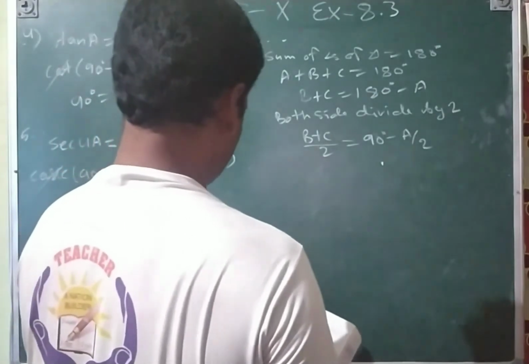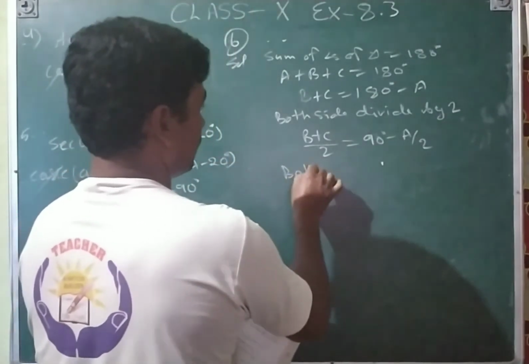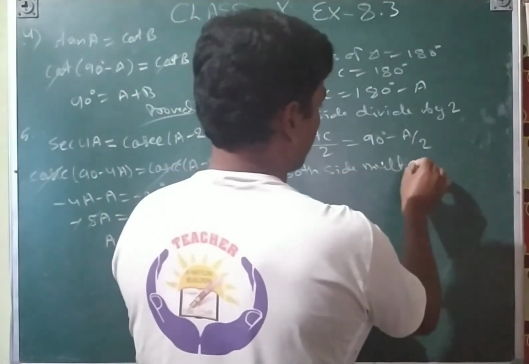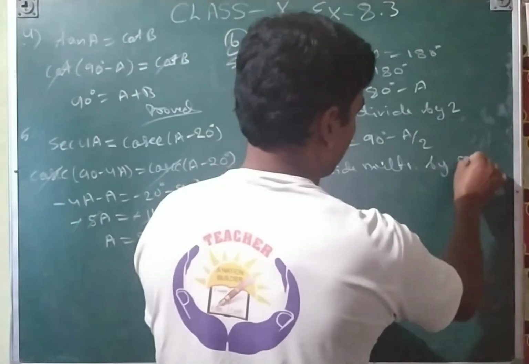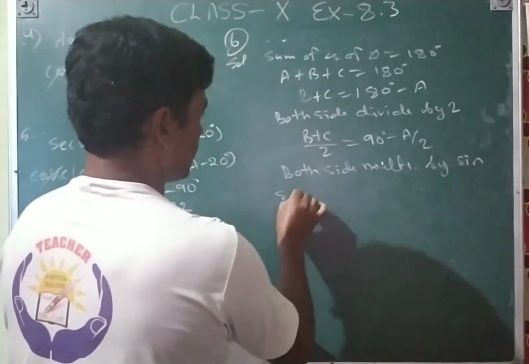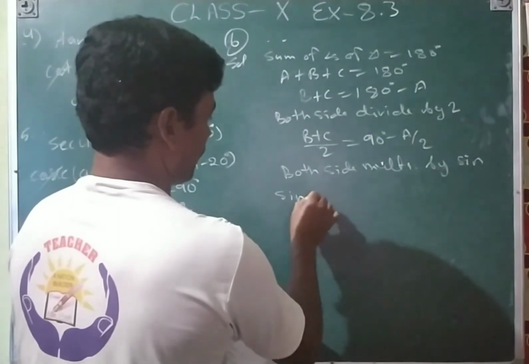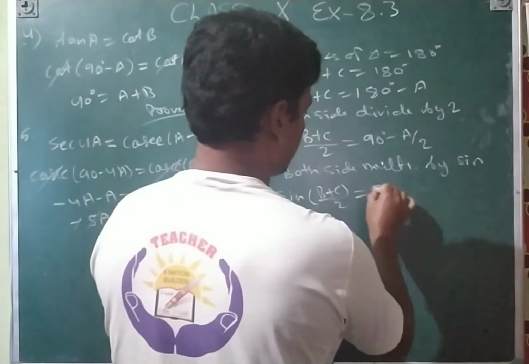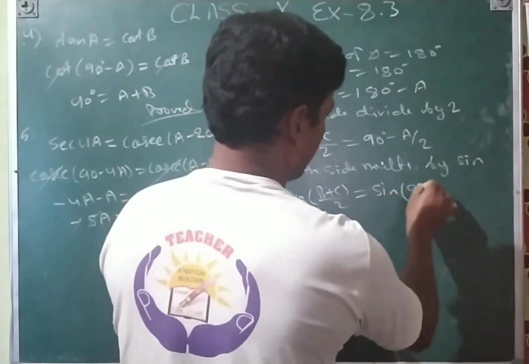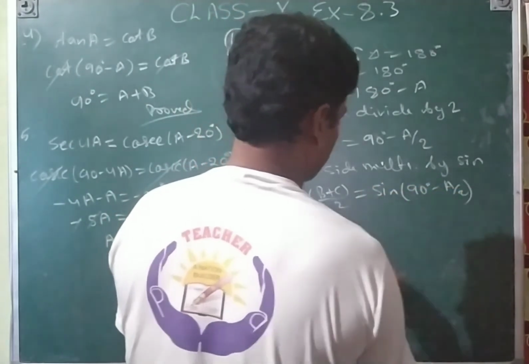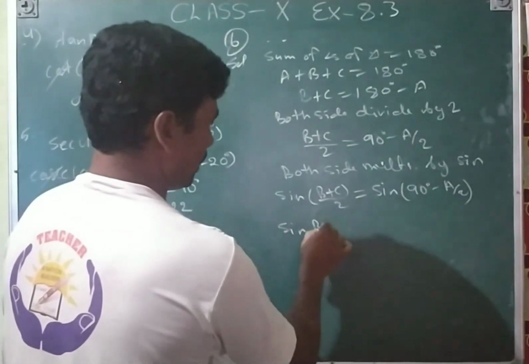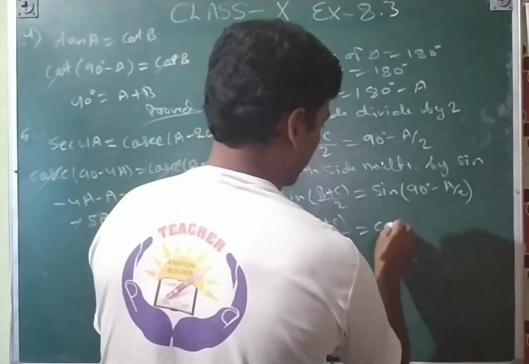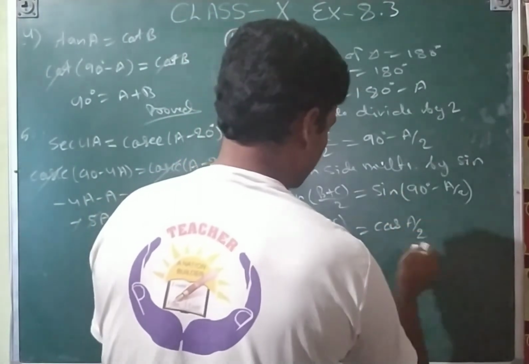And then sin is also there, so multiply both sides by sin. So sin (B plus C) upon 2 is equal to sin (90 minus A upon 2), which is equal to cos A upon 2. This is proved.